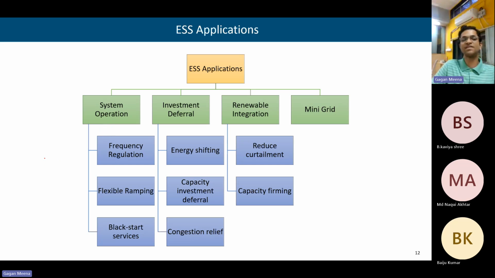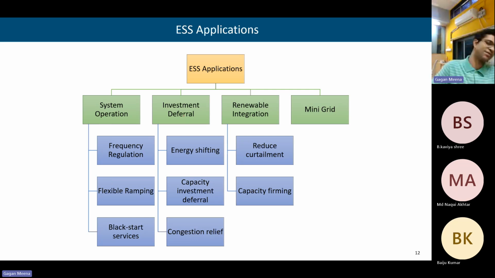We call them ancillary services, right? We had discussed them. These are types of ancillary services: flex start requirement, and frequency regulation. In this we also saw primary, secondary, and tertiary frequency regulation services. And then flexible ramping. So energy storage can help in this.